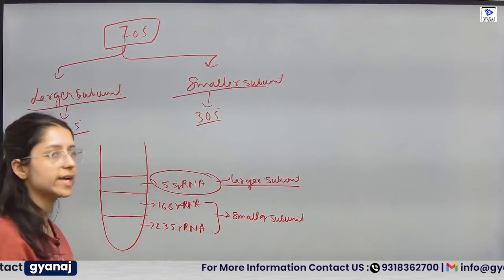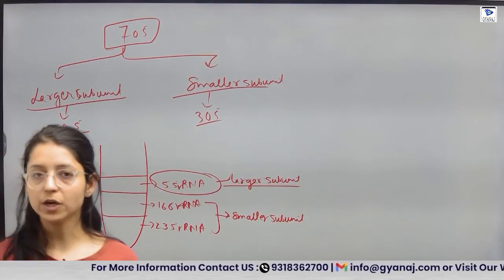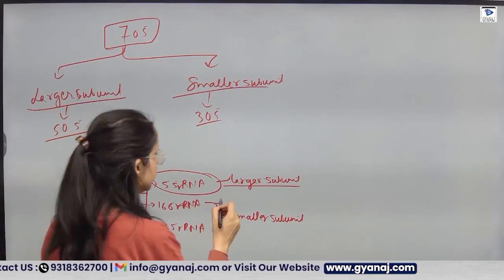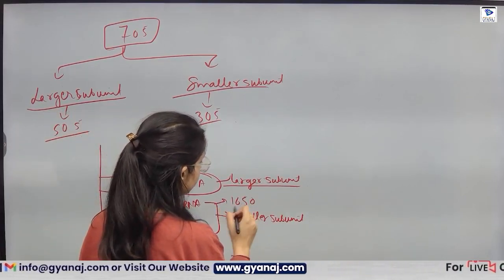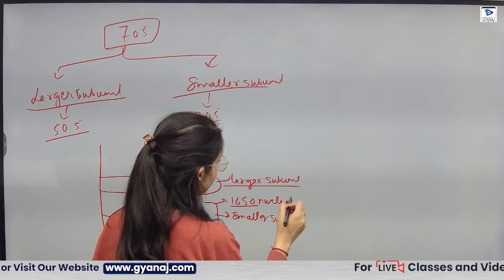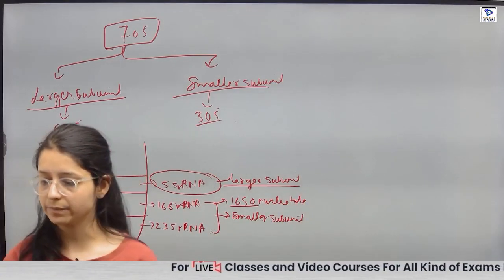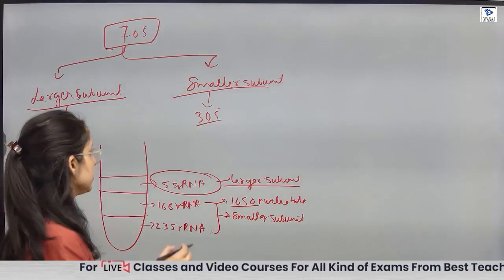And how many nucleotides are present in these? When we talk about the 16S RNA, it is made up of 1650 nucleotides. When we talk about the 5S RNA, it is made up of 120 nucleotides.